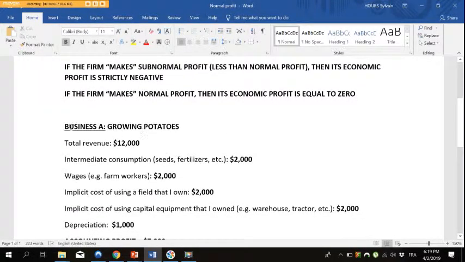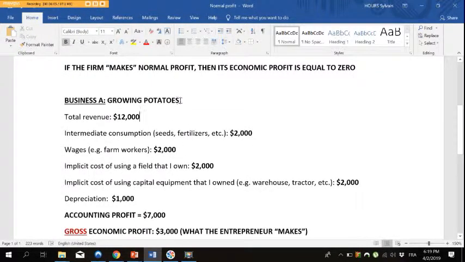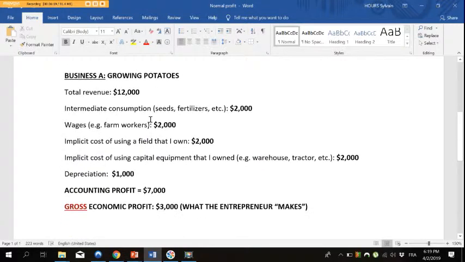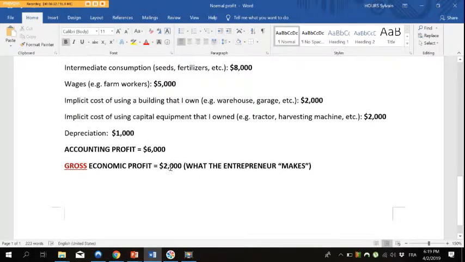So for example, if I run business A, if I choose to grow potatoes, then I give up the profit that I could have made when growing corn instead. And what is the profit that I give up when I grow potatoes rather than growing corn? I give up this gross economic profit of $2,000.